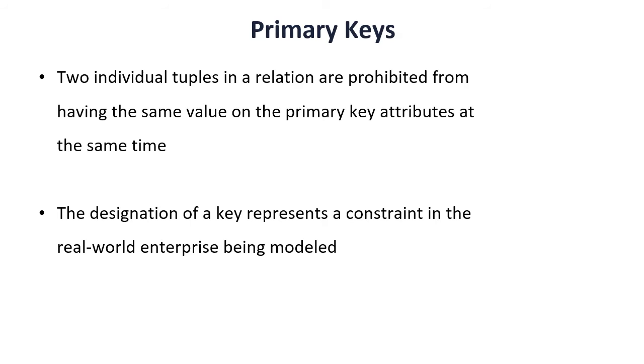The designation of a primary key usually represents a constraint in the real world that is being modeled in the database. For example, if we are modeling a university environment, we may identify the index number as the primary key for the student relation, because we know that each student has a unique index number that we can use to identify each student.